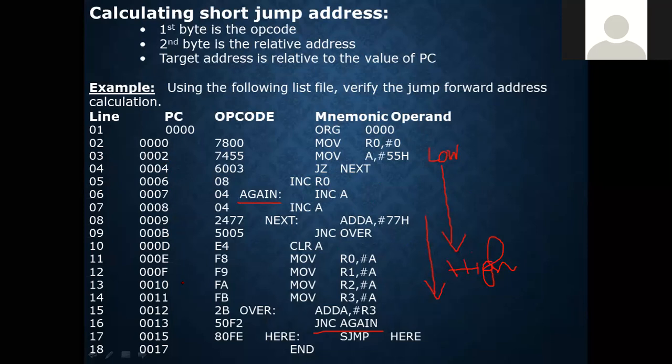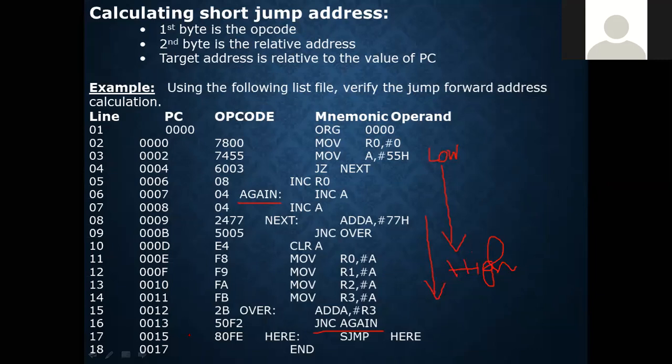So this is the direction of the flow of the program. From low to high, every program is executing. When the program is flowing from the lower address range to the higher address range, this is called the forward jump.